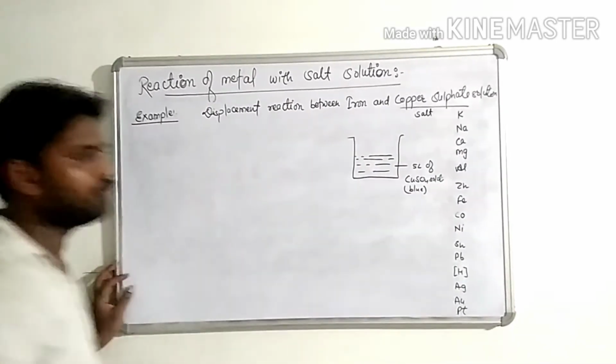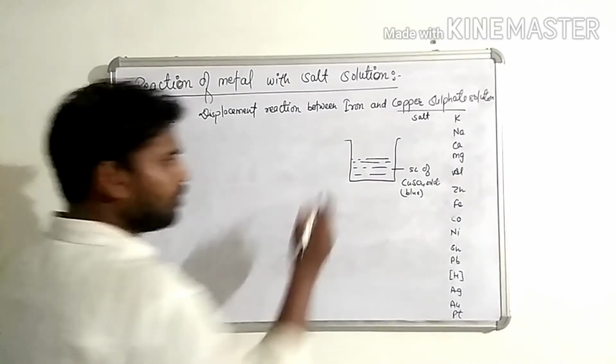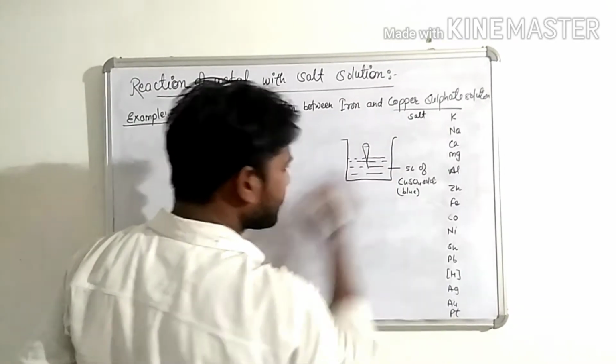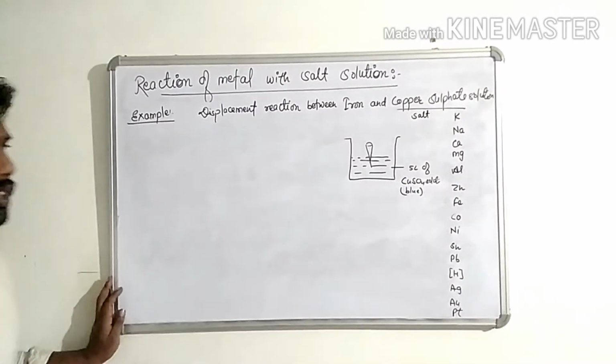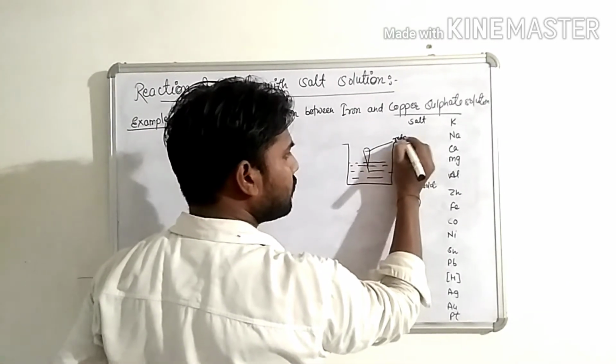The whole solution will be blue in color. Now put an iron nail in this. The color of the iron nail is reddish brown.